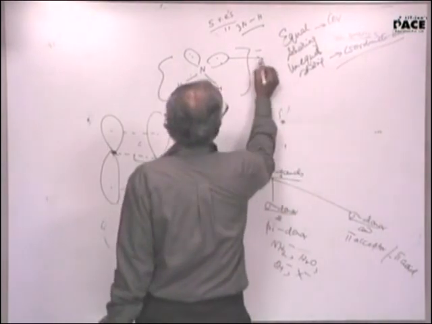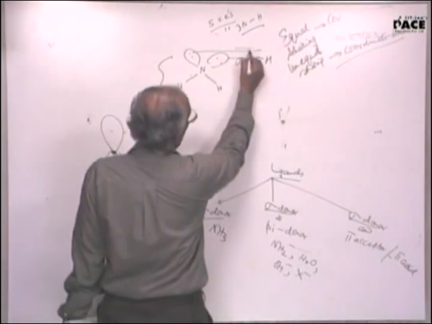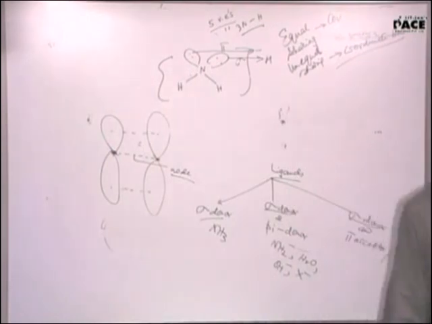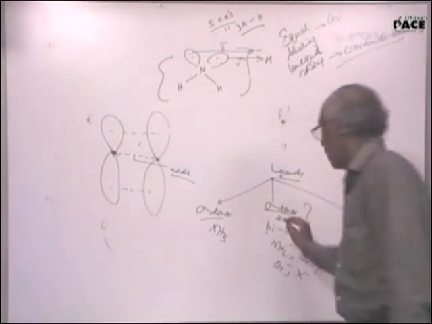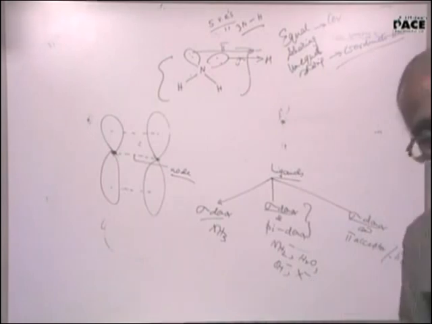One will be forming a sigma bond to the metal, and if necessary, another can form a pi bond to the metal. So what is the minimum requirement for the second category? At least 2 lone pairs of electrons. One for the sigma bond, another to form a pi bond if necessary. Not always, but if necessary, it should be able to form a pi bond.